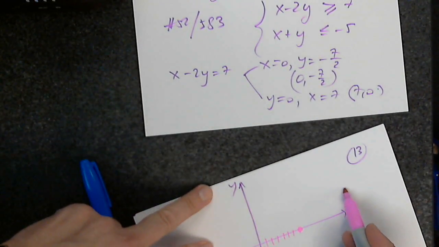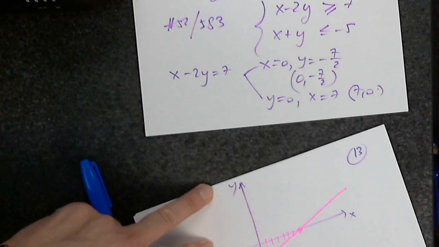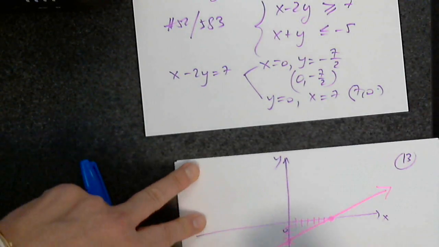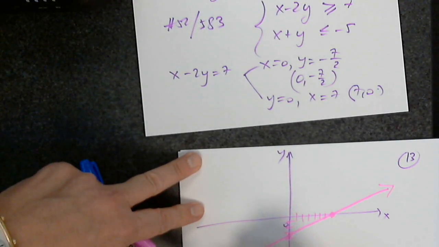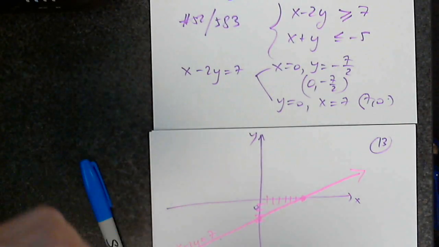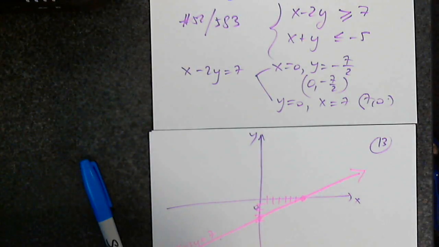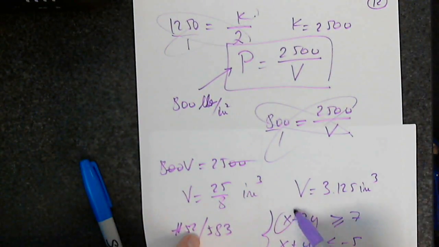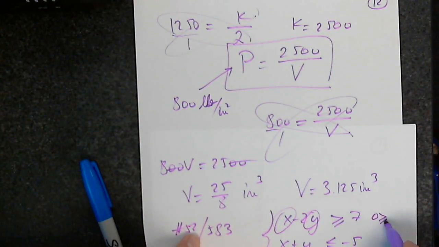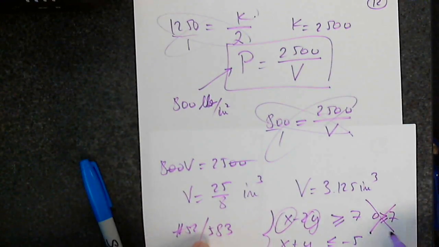It has to be a solid line. On the line, I write x minus 2y equals 7. Then I plug in 0, 0, because I'm checking the upper territory. And when I plug in 0, 0, I get that 0 is going to equal 7, which is wrong.